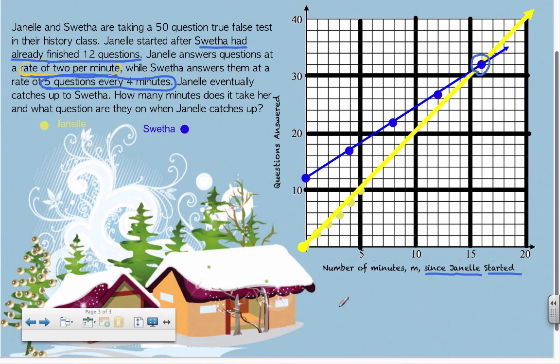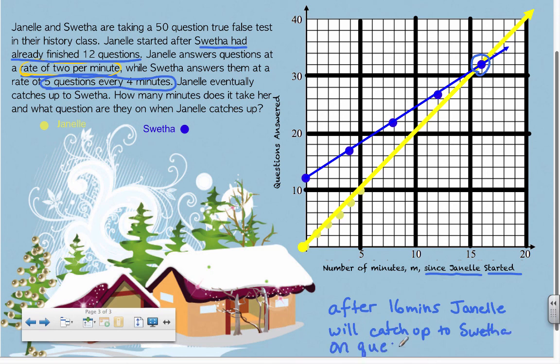So, after 16 minutes, Janelle will catch up to Swetha. On question number 32.